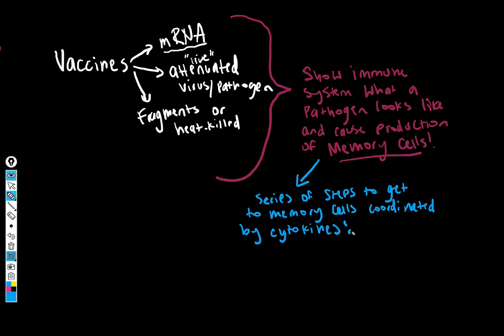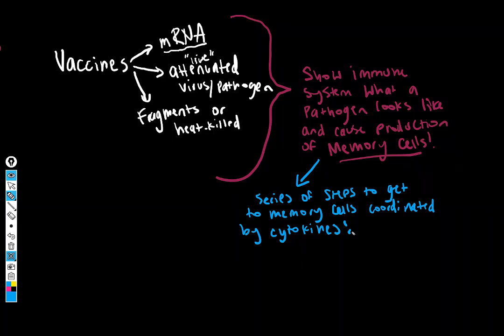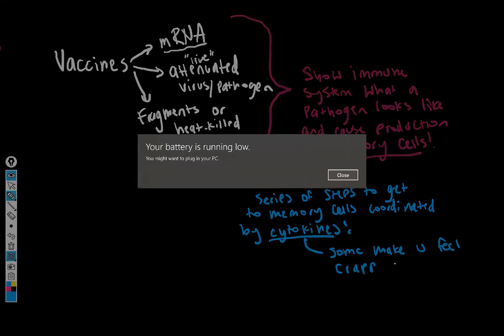Cytokines are a big, huge group of chemicals that white blood cells use to talk to each other, and they're also used to communicate to other cells and tissues. Turns out some of these make you feel crappy.